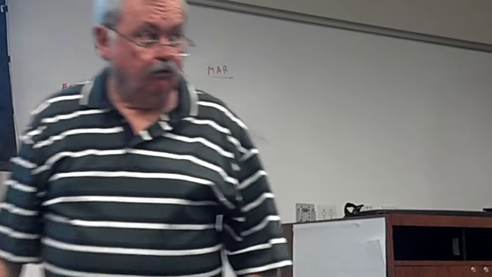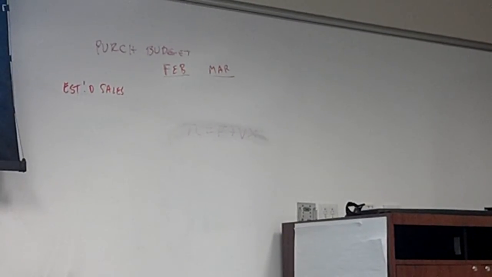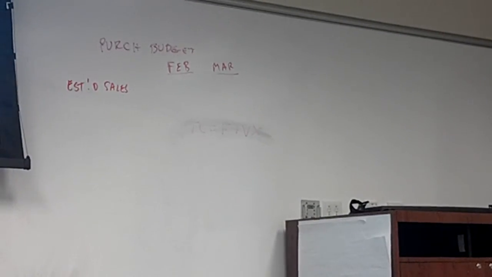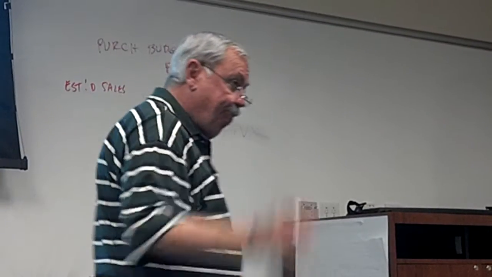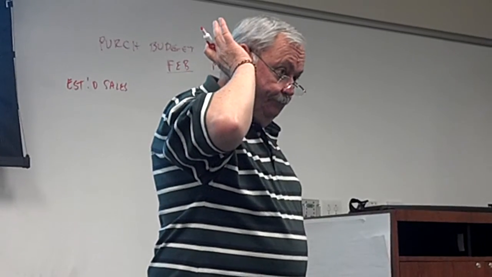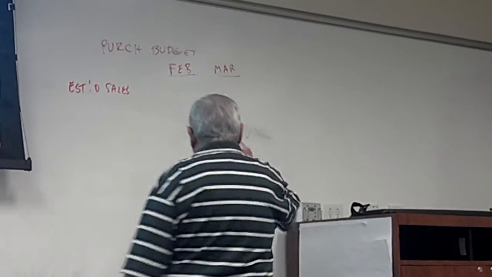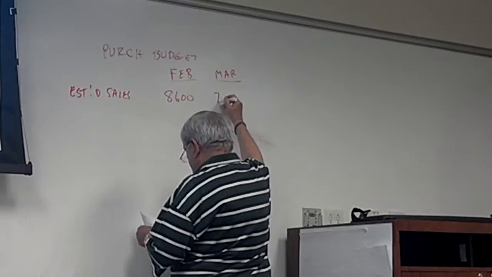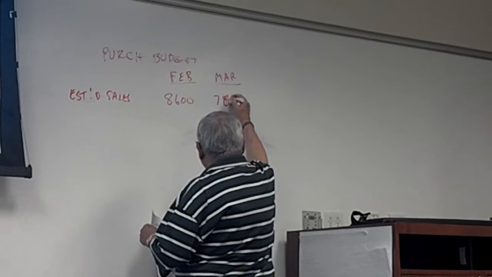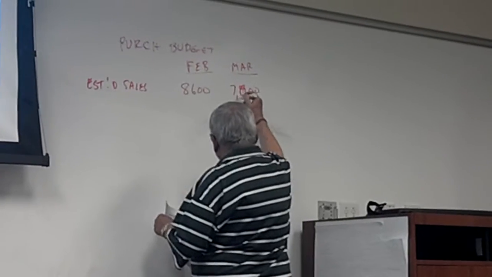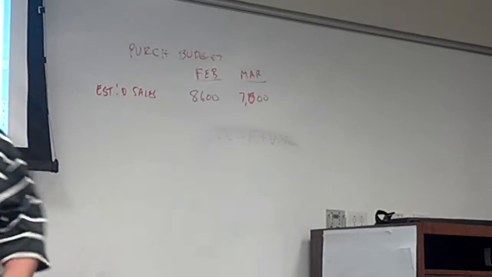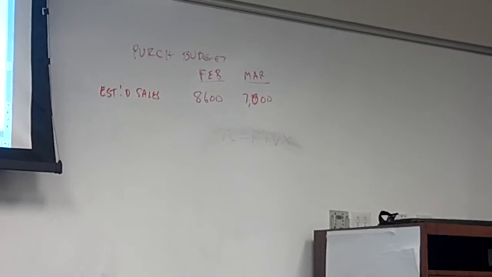Okay, what are the estimated sales in February and March? Given in the problem. 86. 70. 7,000, right?